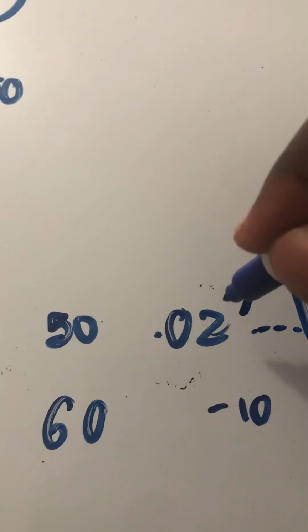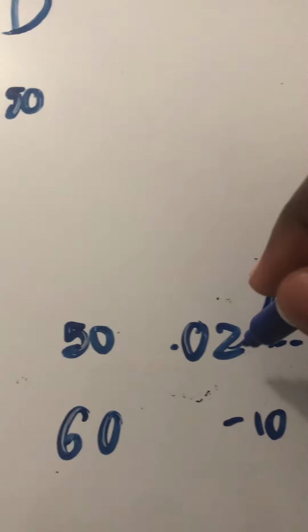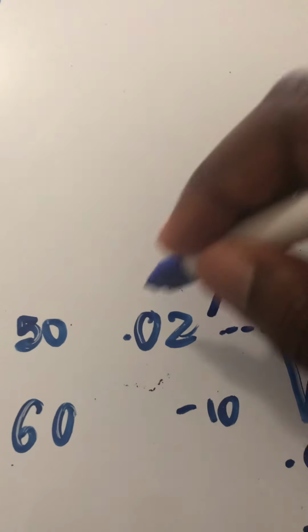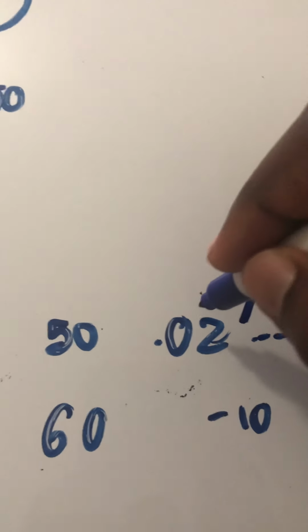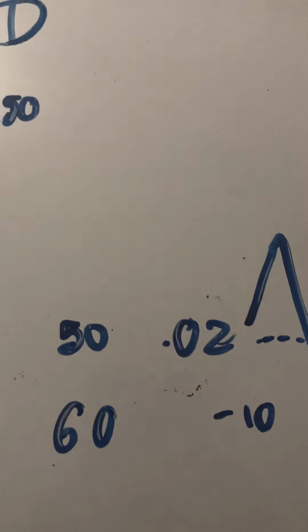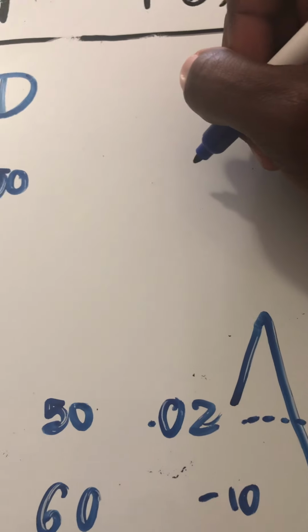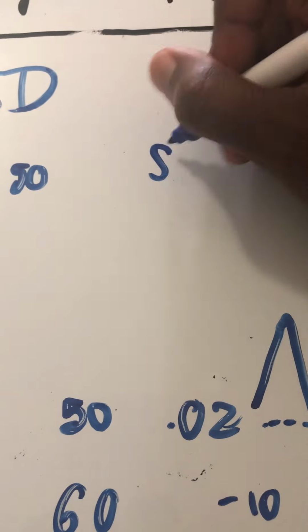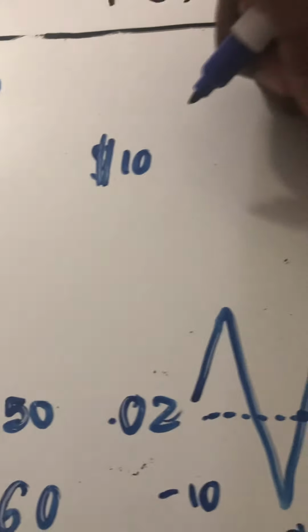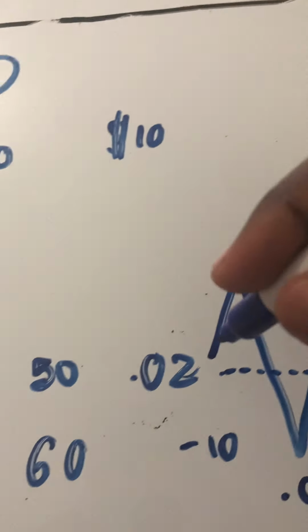At a 0.02, 50 pips is going to be your lot size multiplied by 10, multiplied by however many pips it moved. So 0.02 times 10 is 0.2 times 50 equals 10. So you've made $10 off of that first entry.